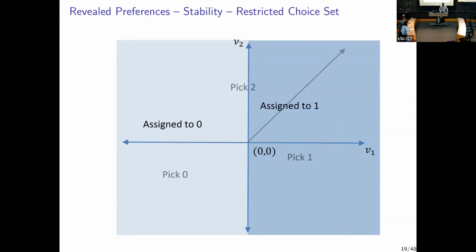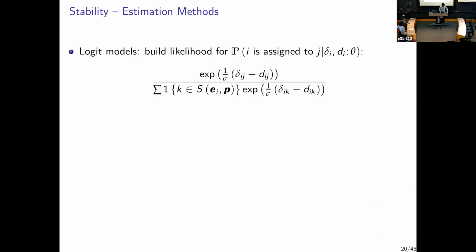Okay, because this looks so similar to the consumer choice setting, we can see how it looks with logit error shocks. And we're going to see that in fact it works. The only thing that we need to be careful with is that now we only include in the denominator schools that are in the budget set, schools that are attainable by this student.